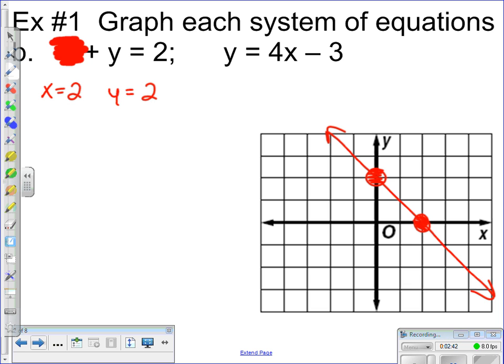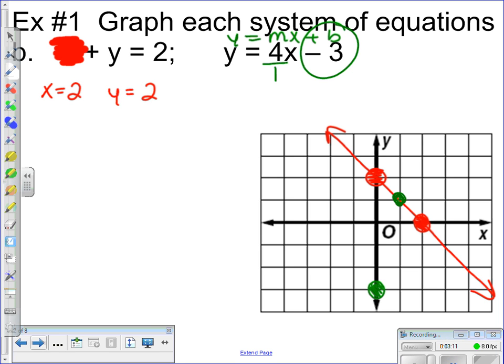Now for the second equation, y equals 4x minus 3. This is y equals mx plus b. So we're going to start at -3, which is the b, and then use the slope, which is 4 over 1, and go up 4 over 1.